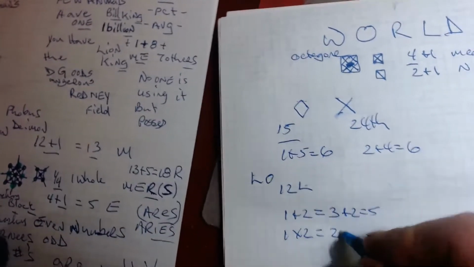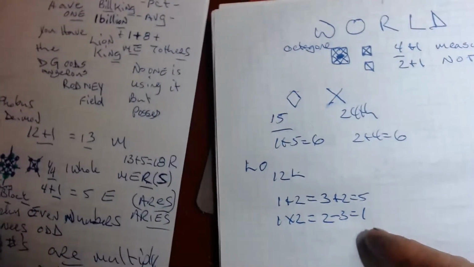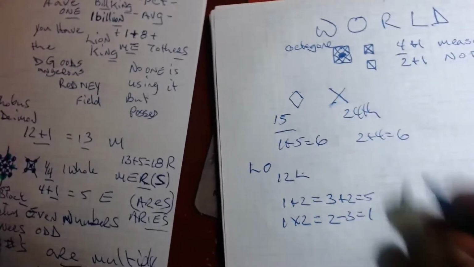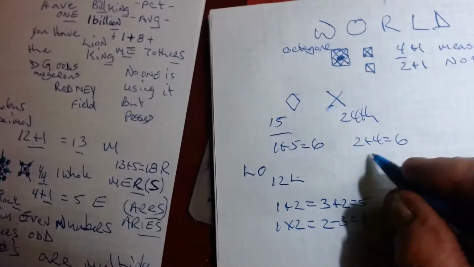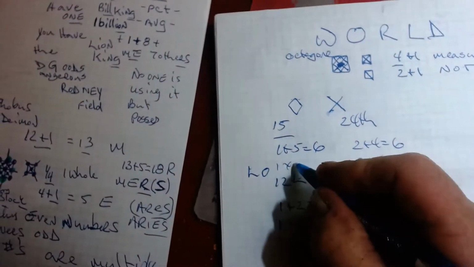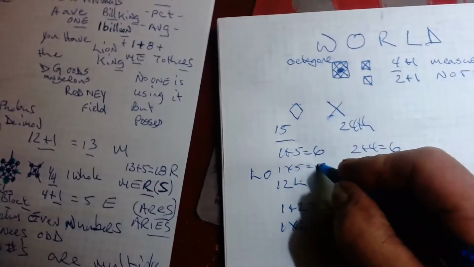The equation here is 2 minus 3 equals 1. There's that equation again that comes together. 2 times 4, 2 plus 4 equals 8. 1 times 5 equals 5. And this is the student of Mars.